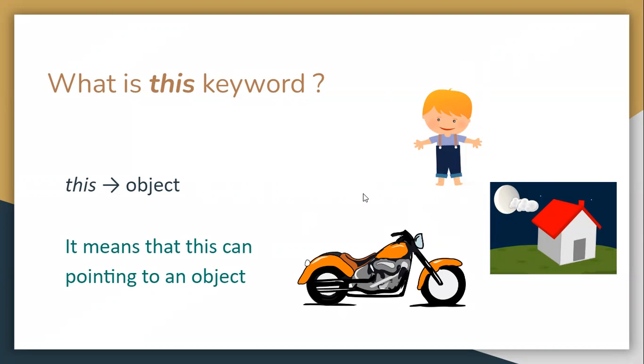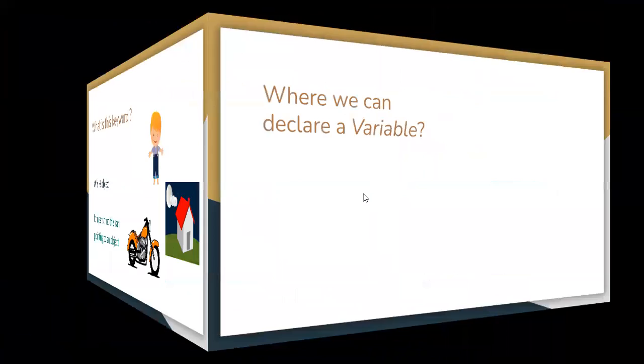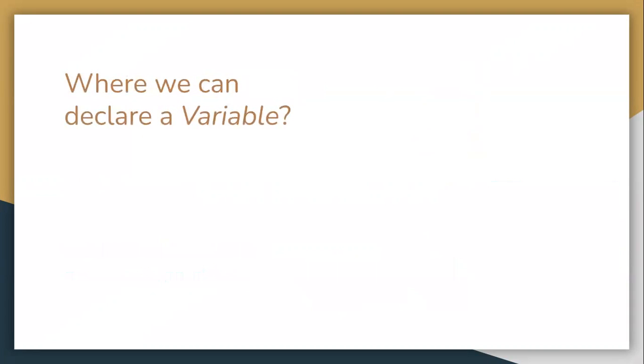Okay, now coming to the next slide, this is also another very general question. Where can we declare a variable? We can declare a variable in 2 or 3 ways, or we can say in different scopes.